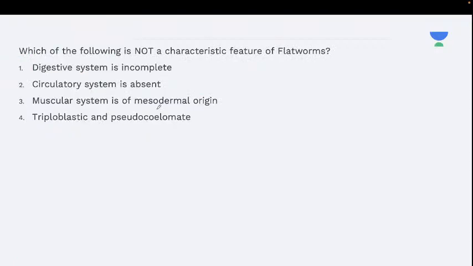Okay, so this is the first question. Which of the following is not a characteristic feature of flatworms?